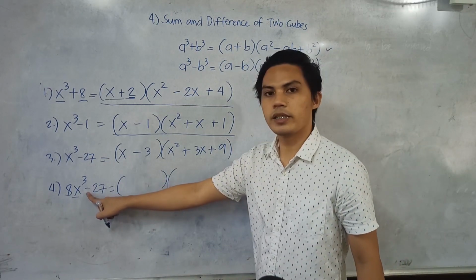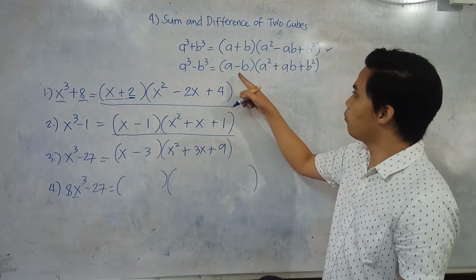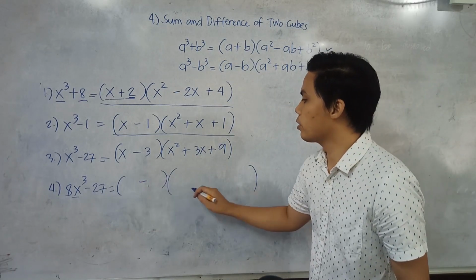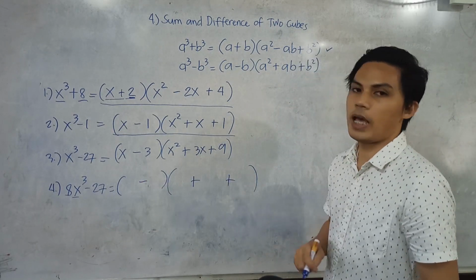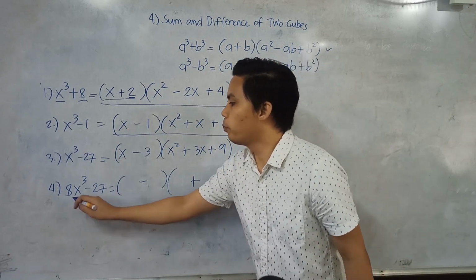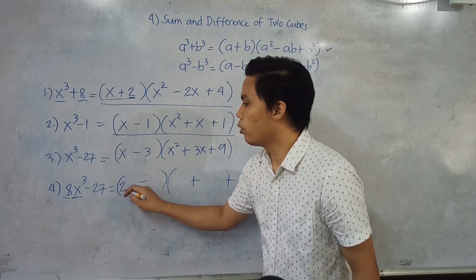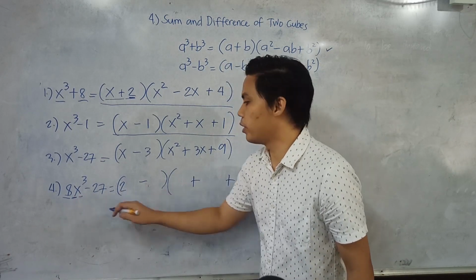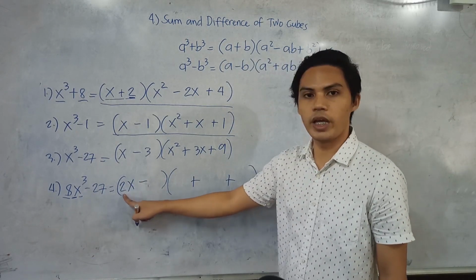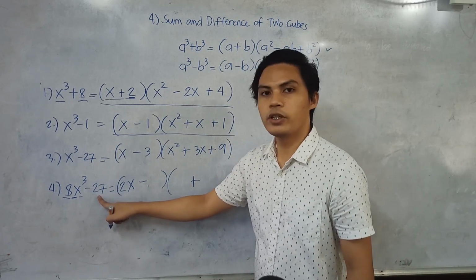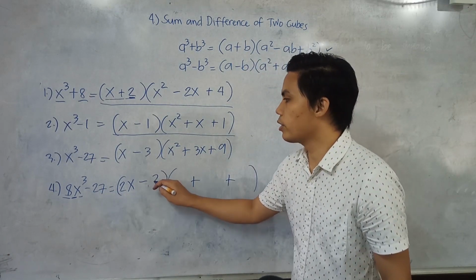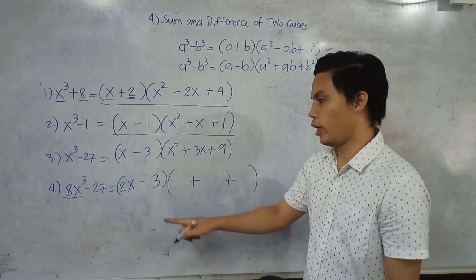The sign is negative or minus, kaya yung form natin is minus, plus, plus. Okay. Cube root of the first term. Cube root of 8 is 2. Cube root of x cubed is x. Kaya naging 2x. Cube root of 27. The answer is 3. Okay?